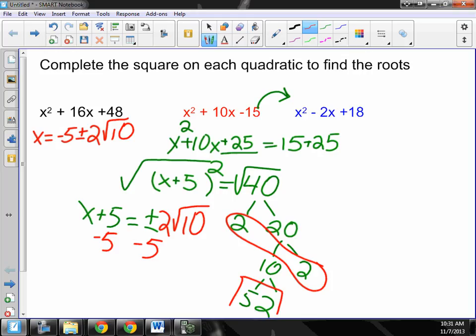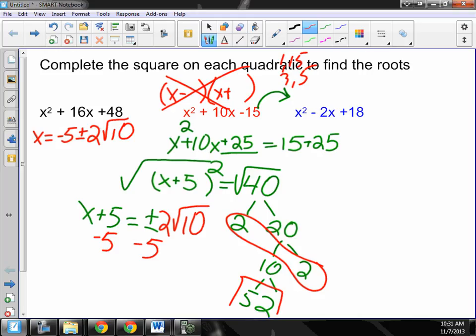So if I would have tried to factor this, x minus an x plus, are there factors of 15 that add to be 10? 1 and 15 and 3 and 5. Do I get a 10? No. So this doesn't work. So you have to complete the square to find out what the roots are.